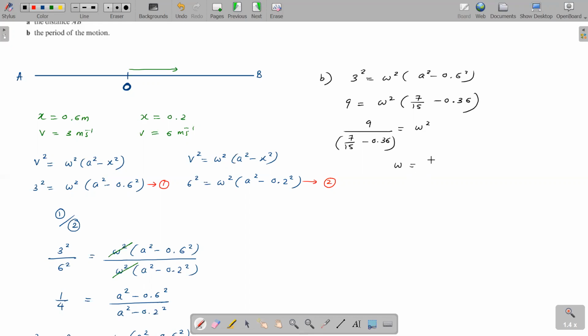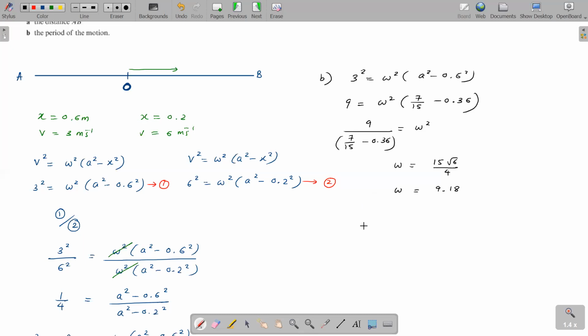How much is it? 15 root 6 over 4, which is 9.185, it goes on, to 3 decimal places.